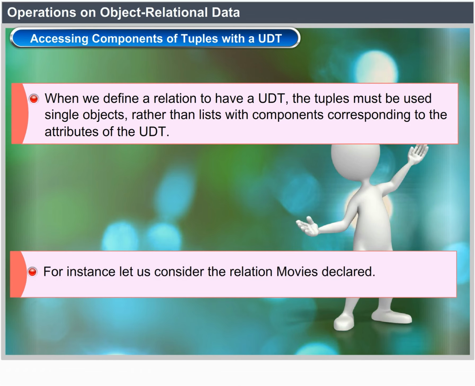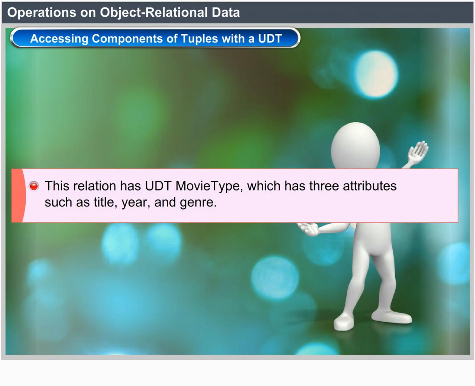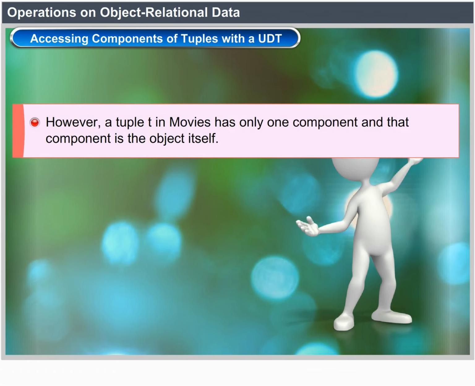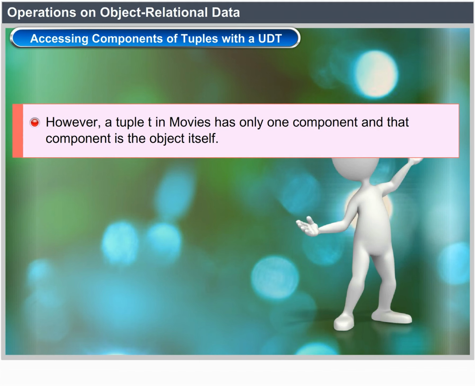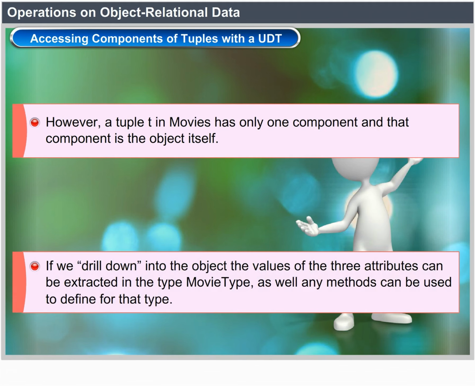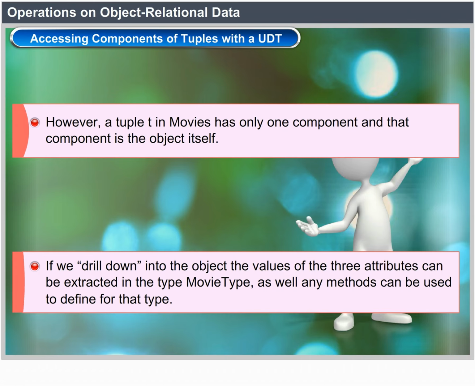This relation has the UDT MovieType, which has three attributes: title, year and genre. However, a tuple t in Movies has only one component, not three. That component is the object itself. If we drill down into the object, we can extract the values of the three attributes in the type MovieType as well as use any methods defined for the type.